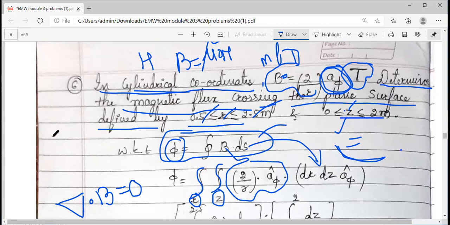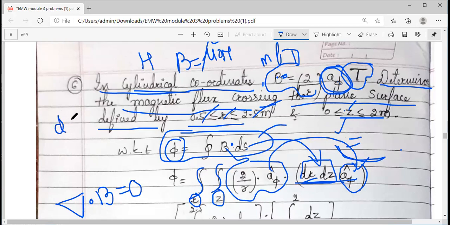So ds is taken in the a phi direction, because B is given in a phi, so obviously a phi dot a phi will be there. It's a dot product. The area is with respect to the r and z coordinates, so it is dr dz. Please turn the pages and check what ds is in the cylindrical coordinate system.